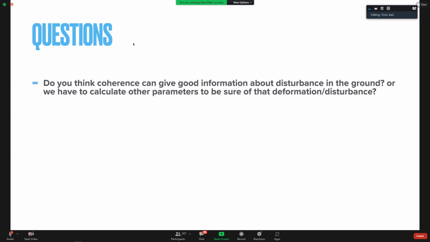But I will talk about coherence and also classification or change detection with coherence in a couple of questions after this. It's basically directly coming. So I hope that helps you a bit. Then to also answer that question, coherence itself is not a measurement for deformation.